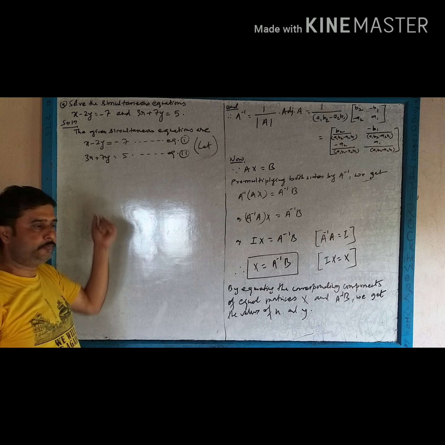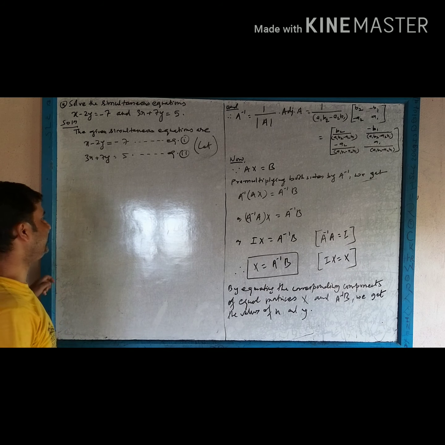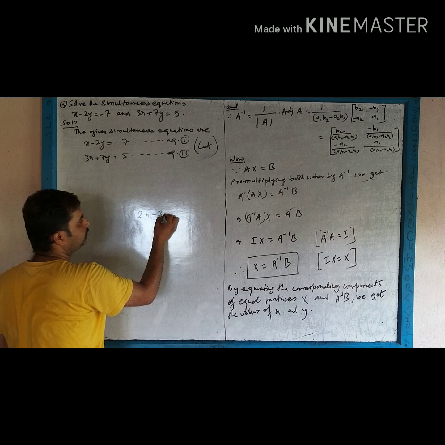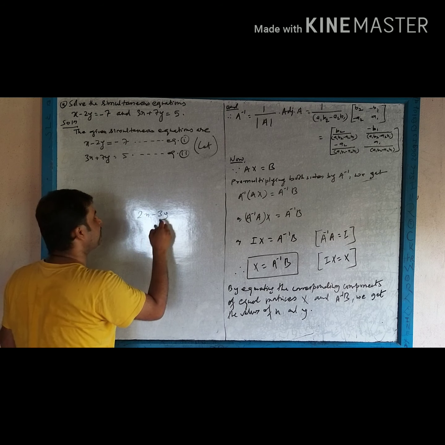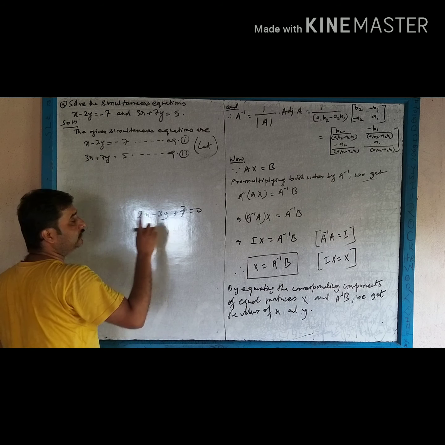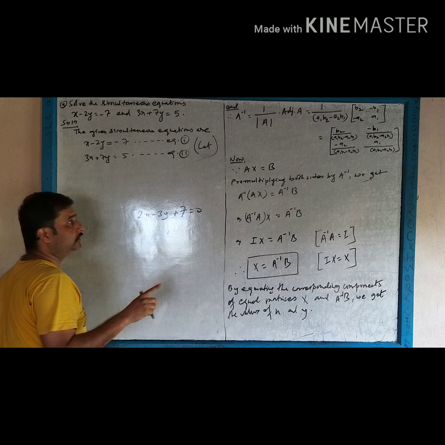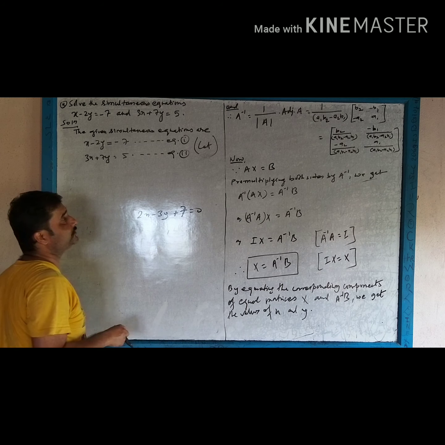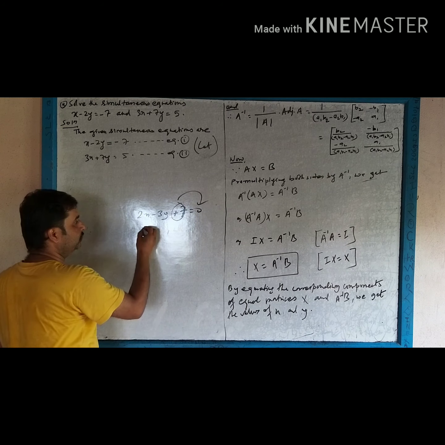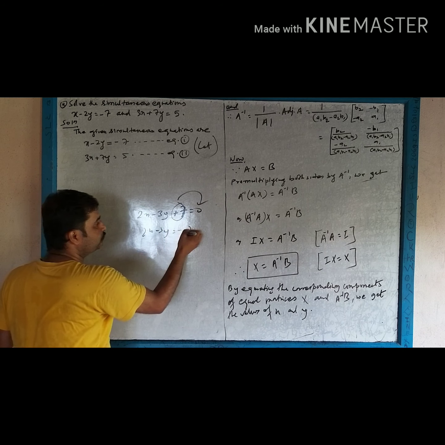Here what you have to mark is that if an equation is like 2x minus 3y plus 7 equals 0, then the first thing you have to do when solving by the matrix method is take the constant term to the right hand side, so 2x minus 3y equals minus 7.